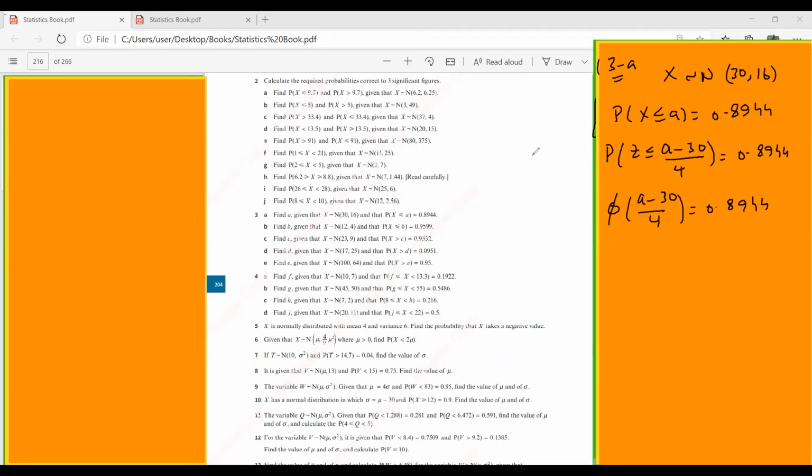That is equal to 0.8944. Okay, so this A minus 30 over 4 is going to be phi inverse of 0.8944. Let's go to the table and find the phi inverse of 0.8944.